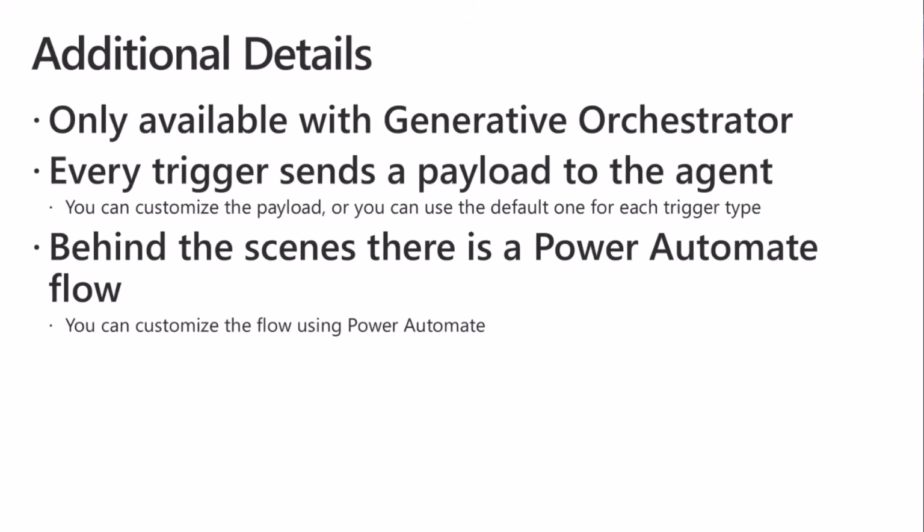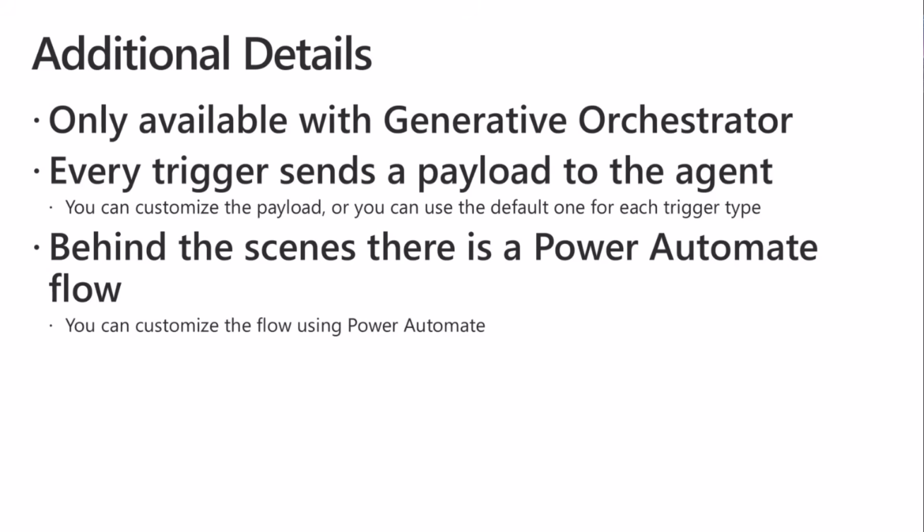And when you have the trigger waking up your agent, you can choose if you want to send a specific and customized setup for the payload from the trigger to the agent, or if you can simply rely on the out-of-the-box predefined payload that every different kind of trigger will provide to your agent.